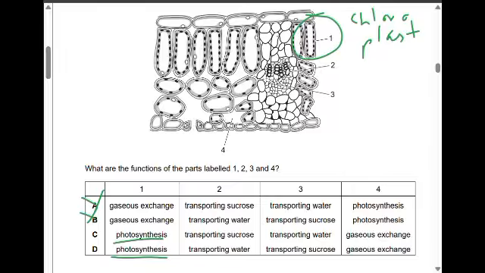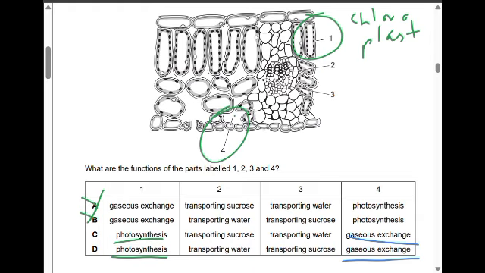Then we have 4, which are basically the air spaces in between the cells, and the air spaces are usually there for the gaseous exchange. So again, 4 is C and D. And now the only thing remaining are 2 and 3.